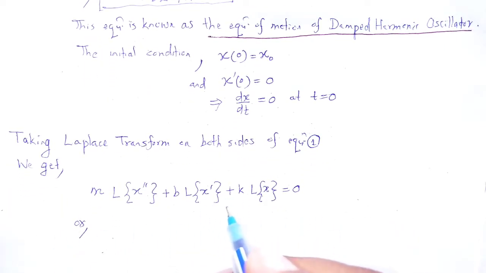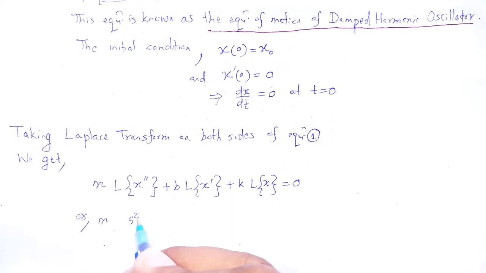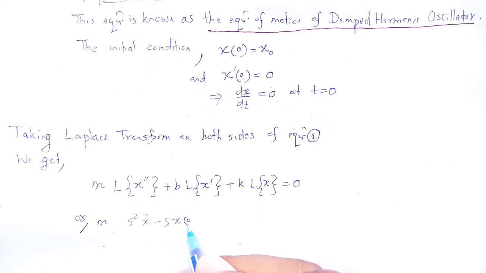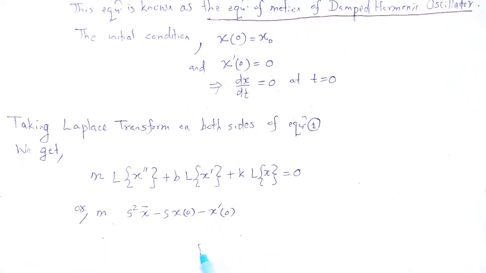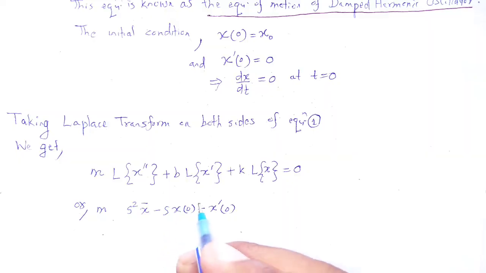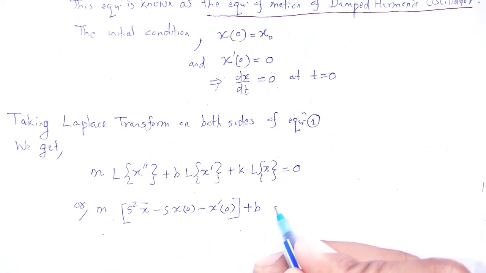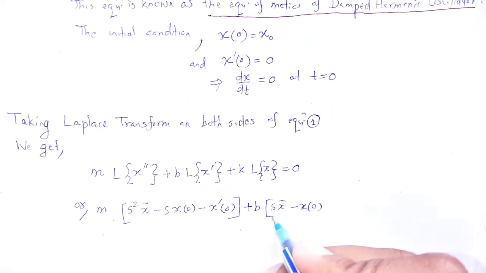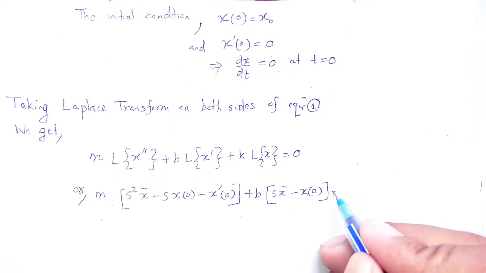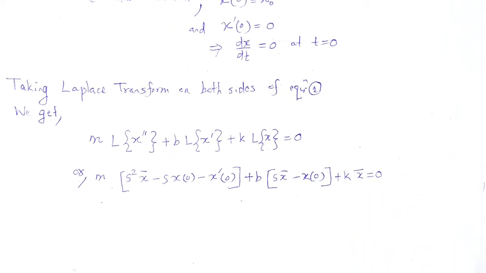We use the formula for the Laplace transform of a derivative. So, m times s square x bar minus s x at 0 minus x dash at 0, plus b times s x bar minus x at 0, plus k x bar is equal to 0.